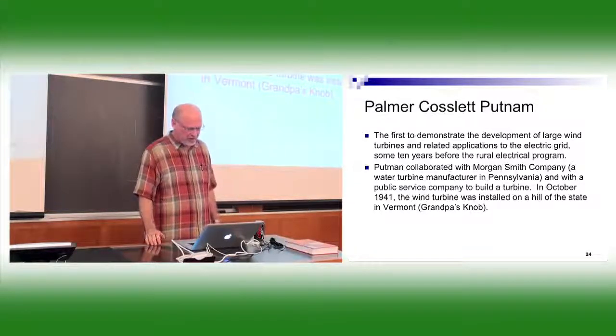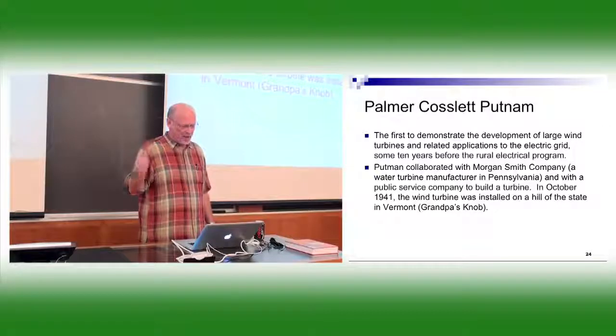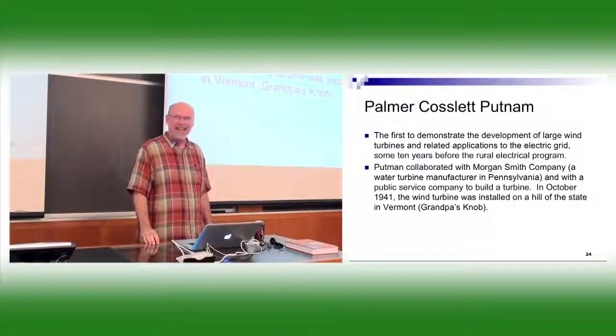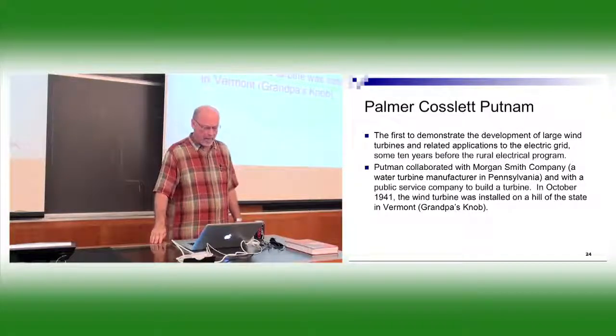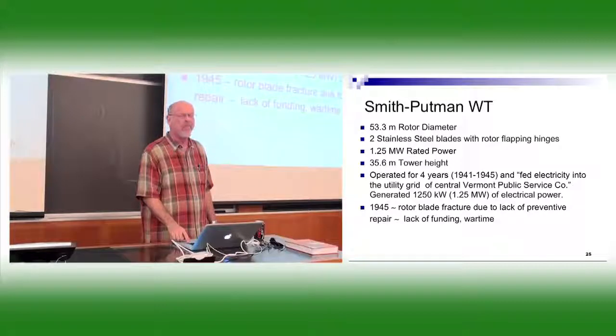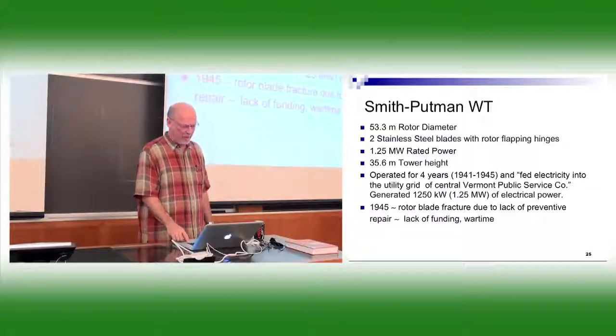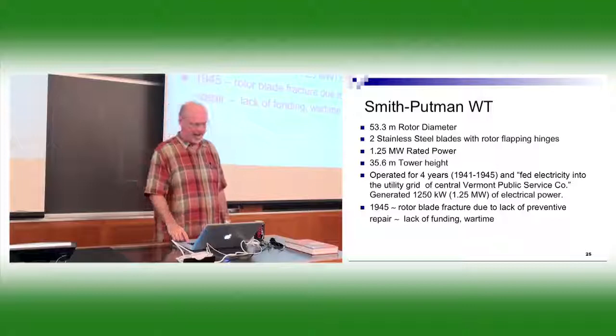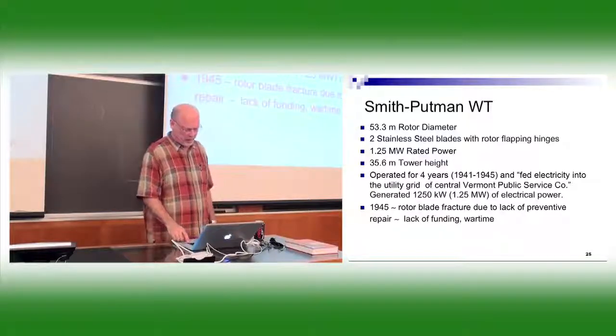He was the first to demonstrate the development of large wind turbines, and he collaborated with the S. Morgan Smith Company and built a large wind turbine back in 1941. It was a 53-meter diameter wind turbine with 2 blades. It was 1.25 megawatts at that time, and it operated for 4 years and fed electricity into the public grid.